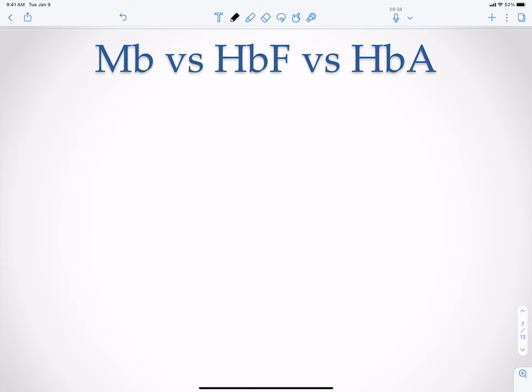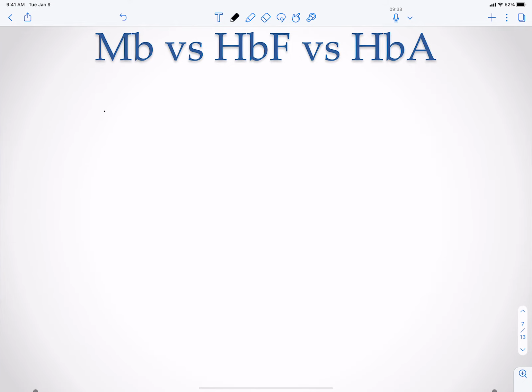Now, myoglobin versus fetal hemoglobin versus hemoglobin A, or adult hemoglobin. So I'll just quickly go over these. One thing to remember is that fetal hemoglobin has to compete with maternal adult hemoglobin. So fetal hemoglobin will have a higher affinity for oxygen than adult, and myoglobin will have the highest affinity for oxygen, the highest saturation.